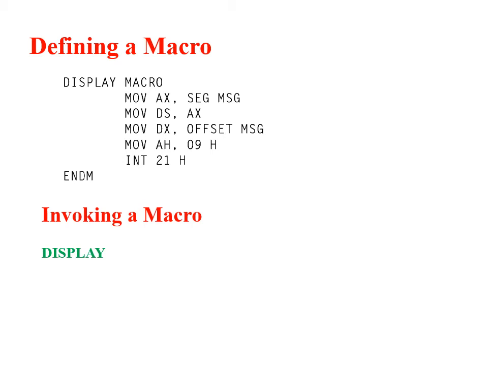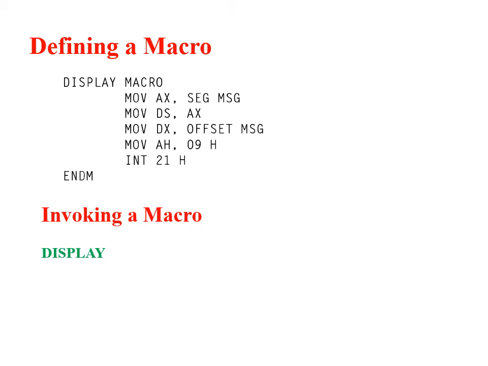And after the macro definition, there is a keyword called endm, which indicates the end of the macro. So within that, you can see some of the instructions like mov ax, seg msg, mov ds, ax, so many instructions.